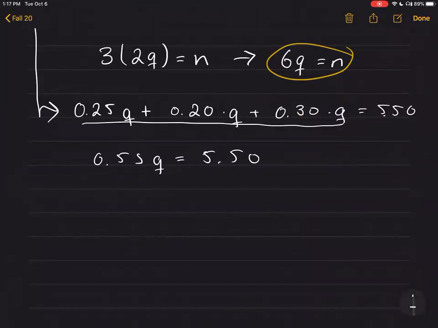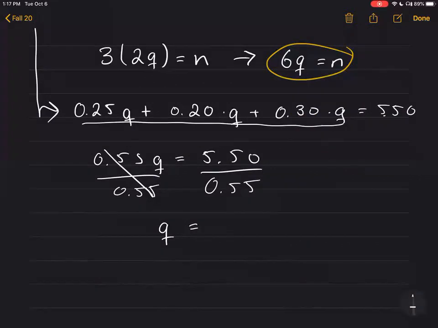And then I'm going to divide on both sides by 0.55. And I should get Q equals, these cancel. And then if we do this division, I believe we will find, so I can move the decimal over 2 places.